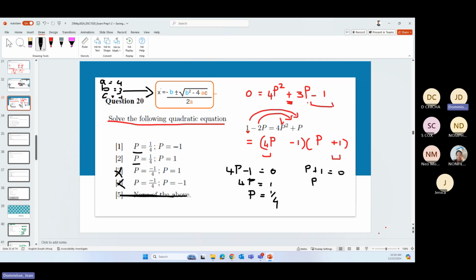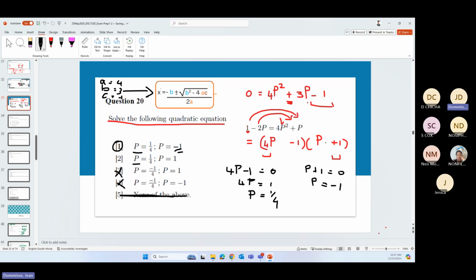P plus 1 is equal to 0, so if that goes to that side, it's p minus 1. There we have p minus 1. So again, if you set p plus 1, that is going to be p equal to 1. You would have made a mistake with that one, but unfortunately that option is there.